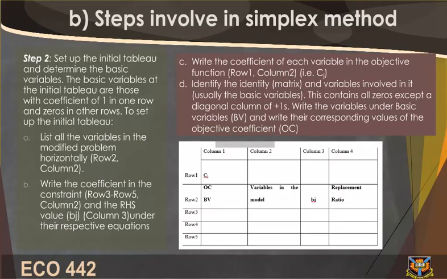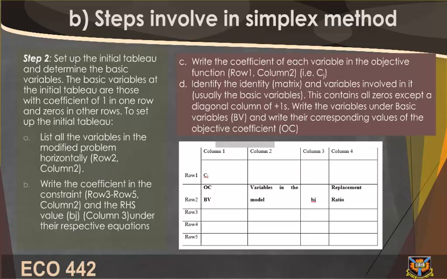Step 2. Set up the initial table and determine the basic variables. The basic variables at the initial table are those with coefficients of 1 in one row and zeros in other rows. To set up the initial table, A. List all the variables in the modified problem horizontally, row 2, column 2.